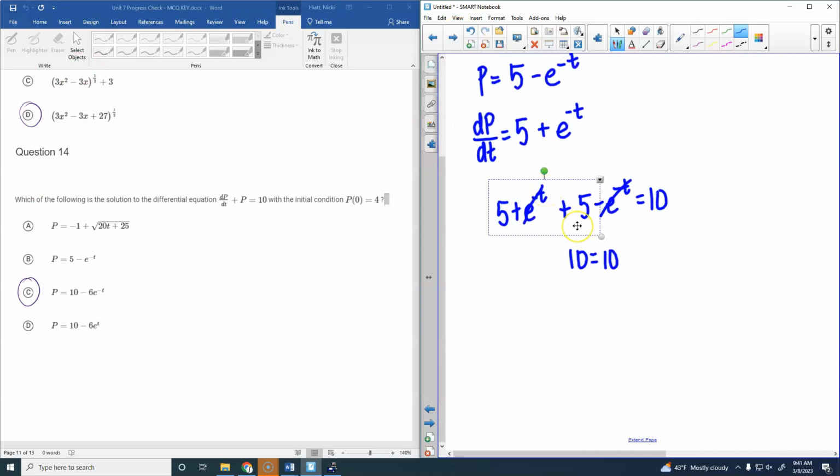We could continue. That's what I'm doing here. P of 0 equaling 4, if I plug in the 0 into all of these equations, you still get 4 for all of them. We got 10 minus P, we will multiply by dt.